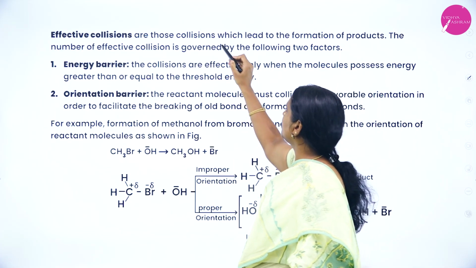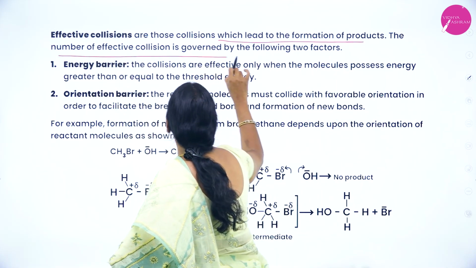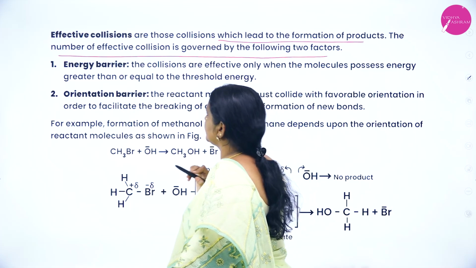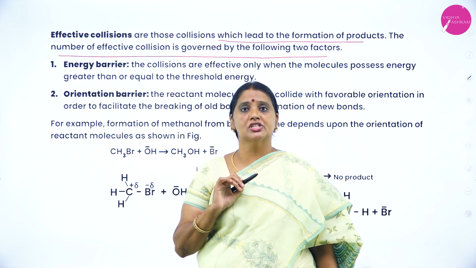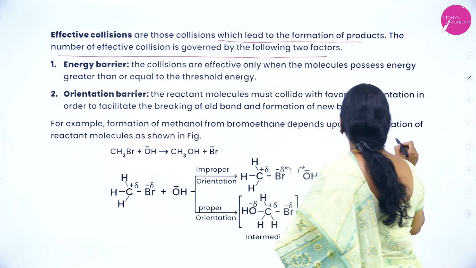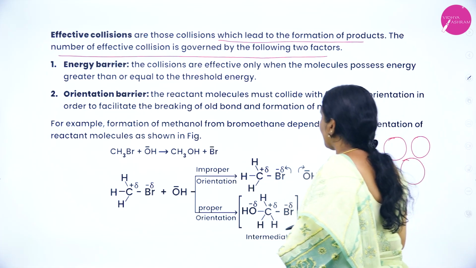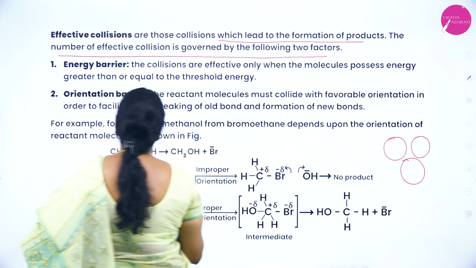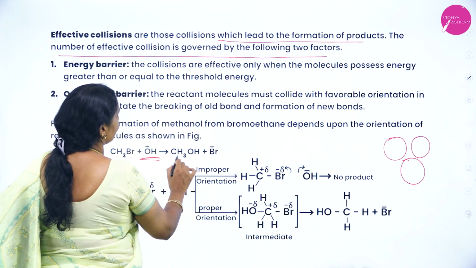Effective collisions are those which lead to the formation of product. The number of effective collisions is governed by two factors. What are the two factors required for effective collision? First, the molecules must be properly oriented. Observe here, methyl bromide reacts with potassium hydroxide to give methyl alcohol.